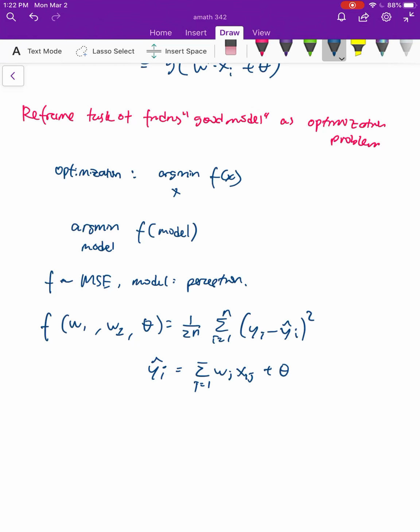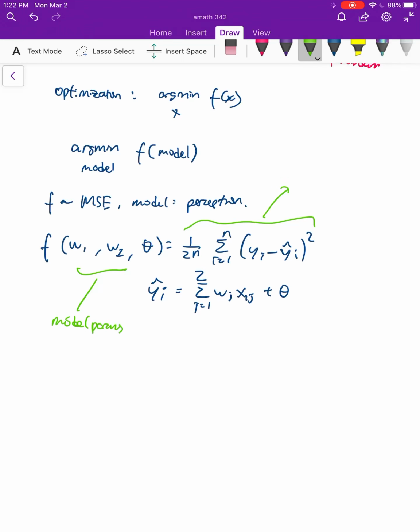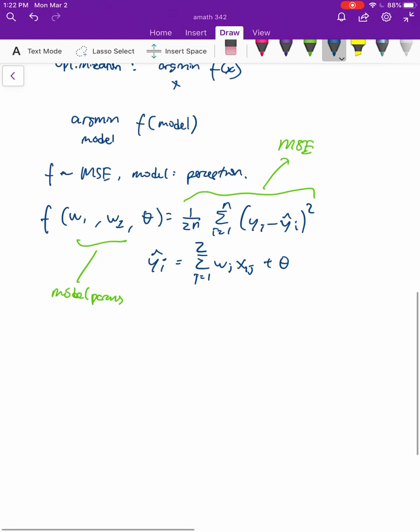Or if you just have 2, then d is just 2. So these are the model parameters, and the right hand side is the MSE, mean squared error, over the training set.